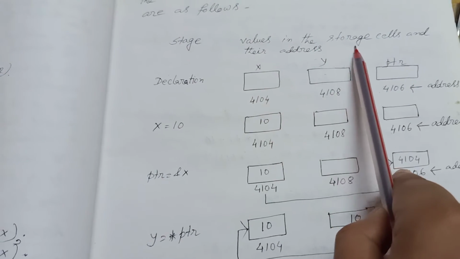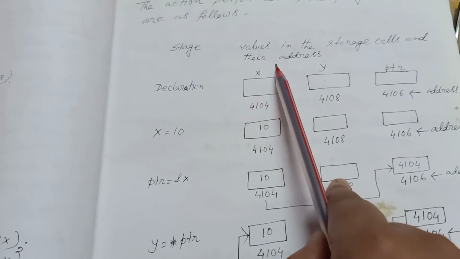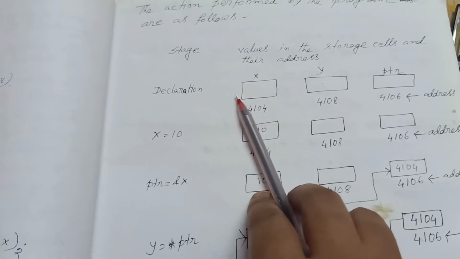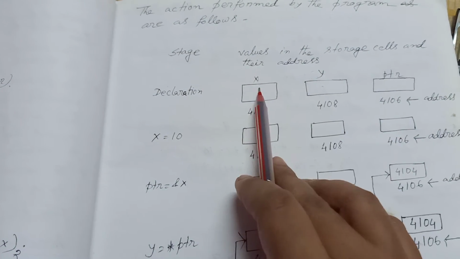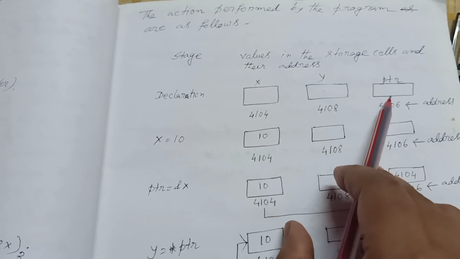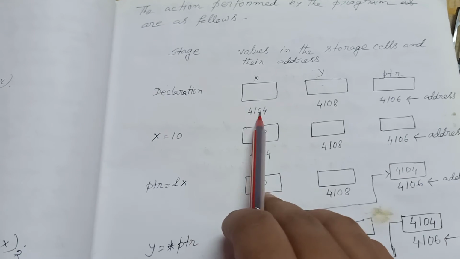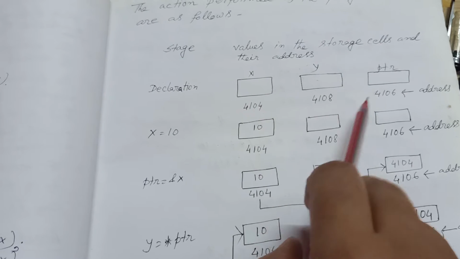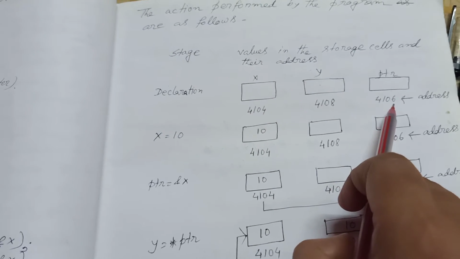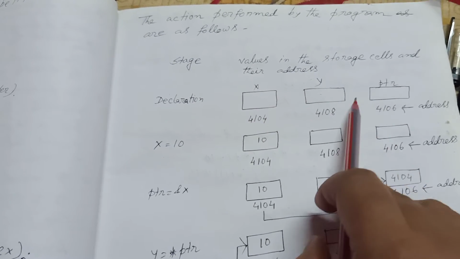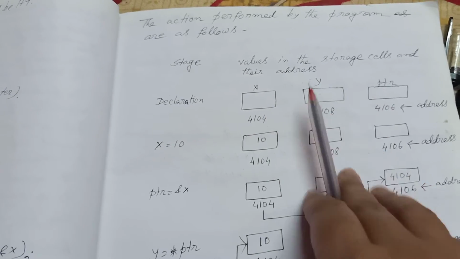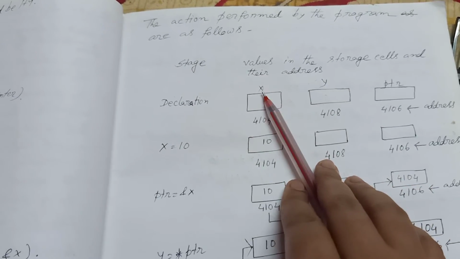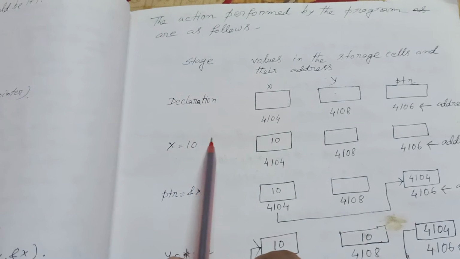Next, the value in the storage cell and their address. x, y, ptr are the variables. Their addresses are 4104, 4108 and 4106, because the pointer variable ptr is used before y.